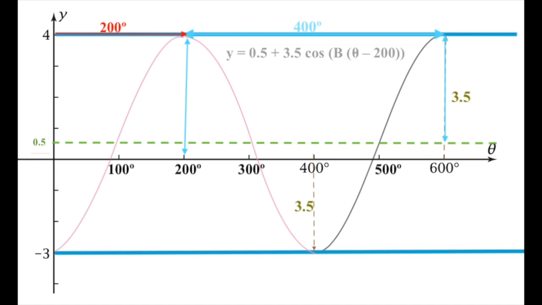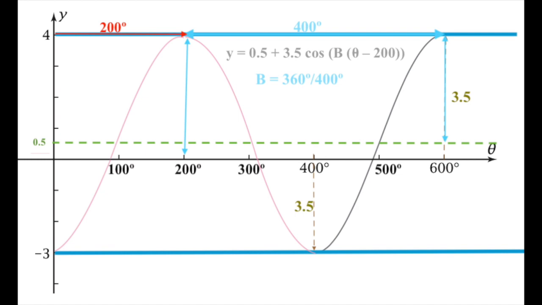I left b to the end because that's what some people find the most complicated. B is equal to 360 degrees divided by the period. So the period is 400 degrees, and the way we know that is that from 400 degrees to 600 degrees is 200 degrees, and that's half the graph of one cycle.